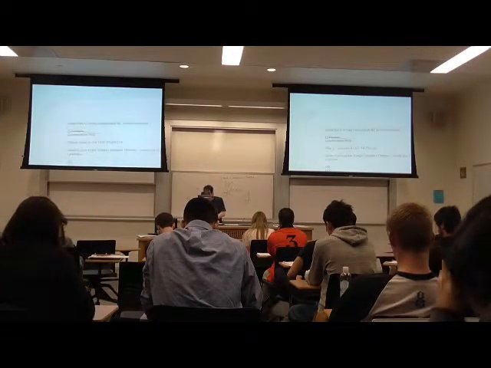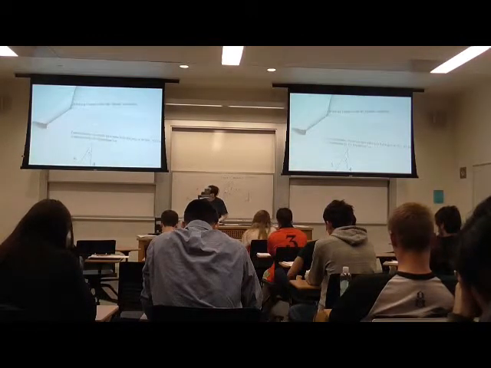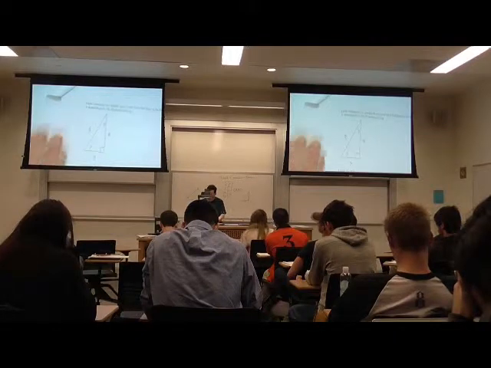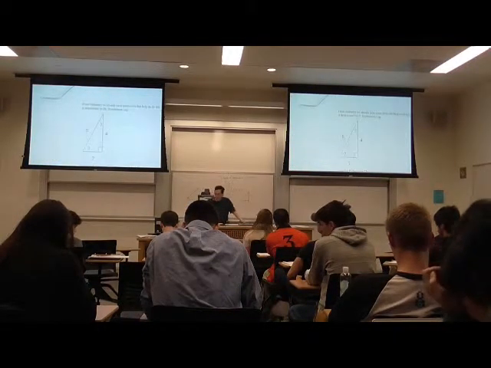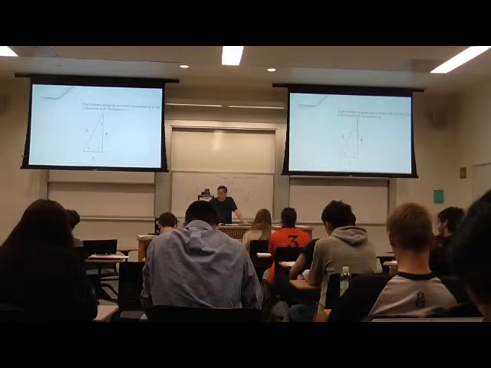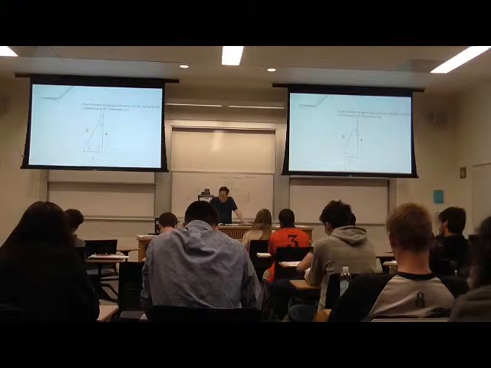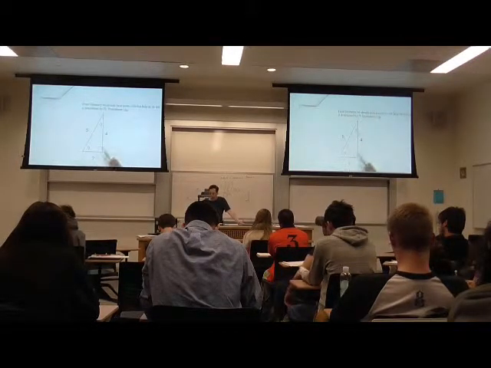Okay, so let's start off with something easy. Here we have a right triangle, and we know by hypotenuse leg that this is determined. But we've got some missing parts here. We don't know what this leg is.